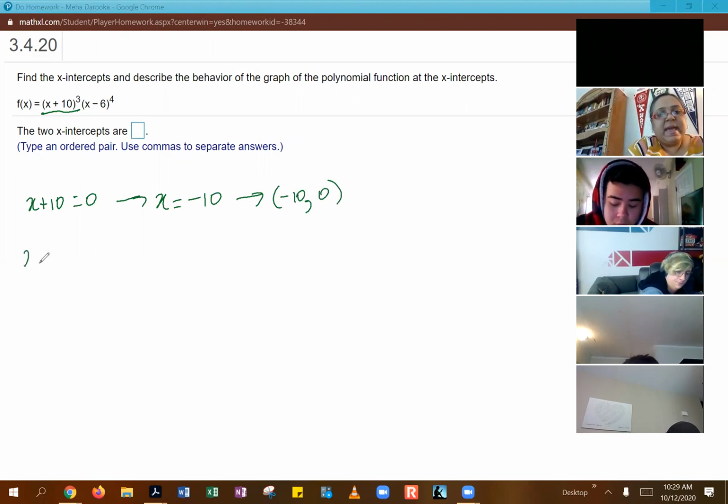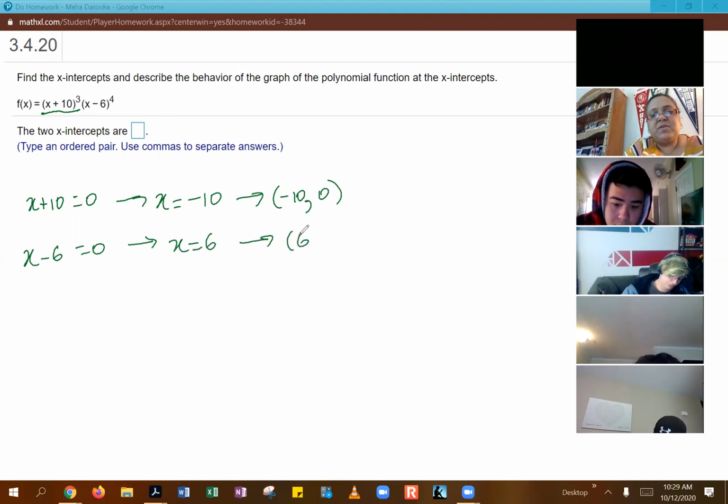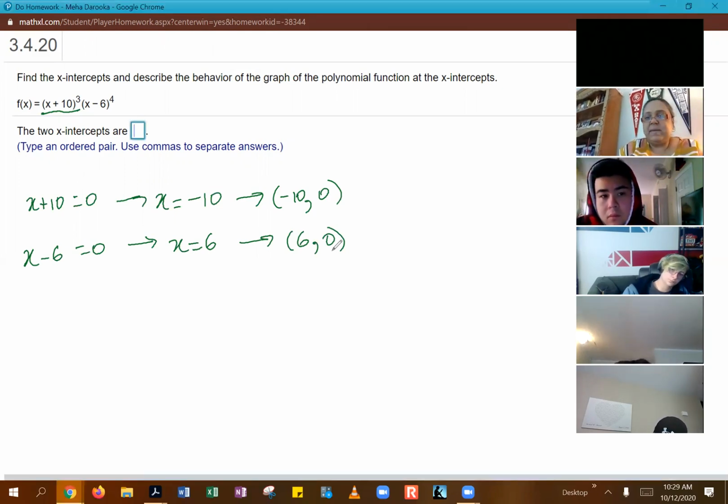You will take x minus 6, same thing, set it equal to 0, which will give you x equals positive 6, and that becomes your ordered pair 6, 0. Okay, so the first thing you are doing is typing in those x-intercepts as ordered pairs, so negative 10, 0, and positive 6, 0.